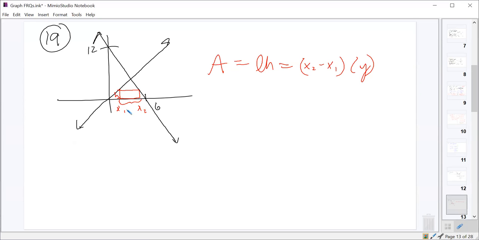Let's see if we can write x sub 1 and x sub 2 in terms of y. If we can do that, then we should be able to write this all in terms of the single variable y and then solve it by taking a derivative.